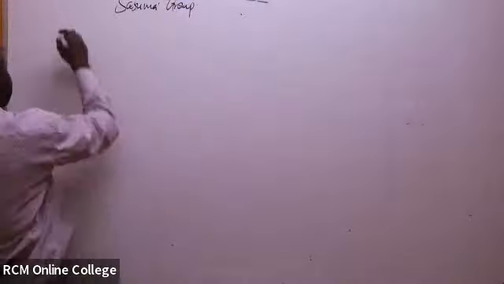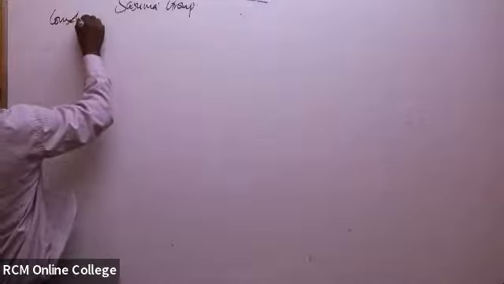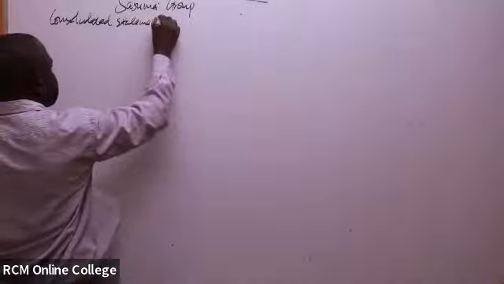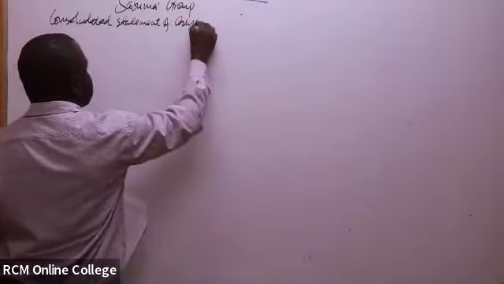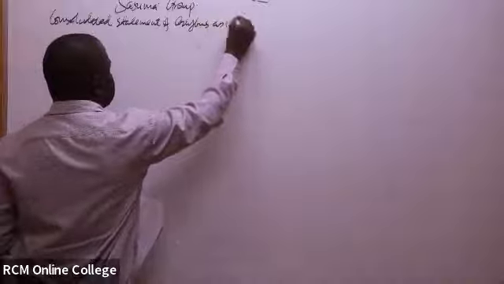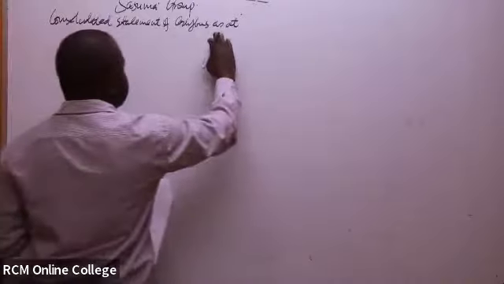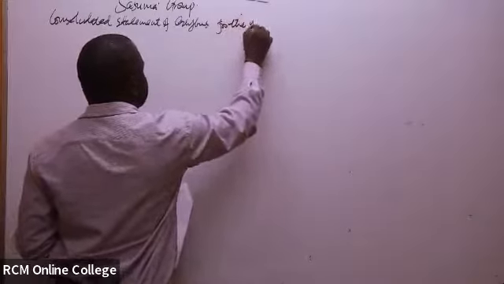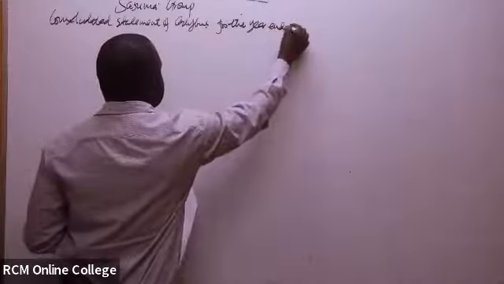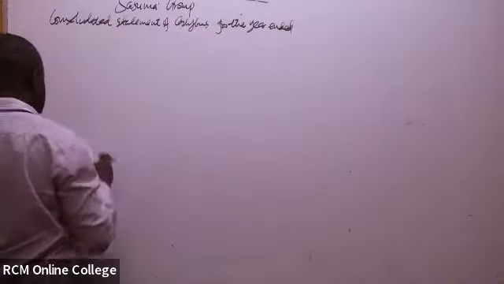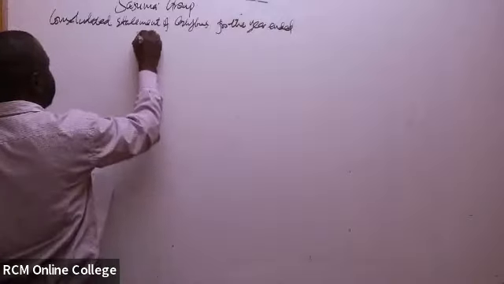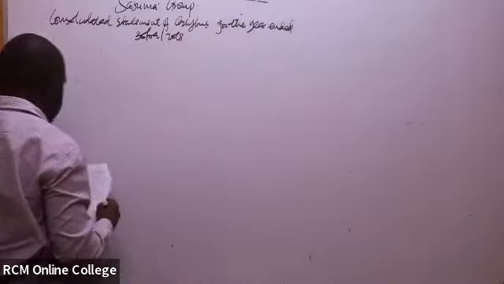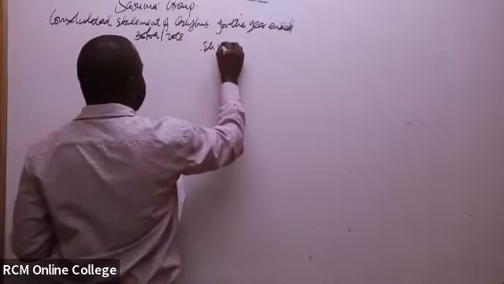Sasuma Group consolidated statement of cash flows, for the year ended 30th of September 2018, because you have shillings in millions.